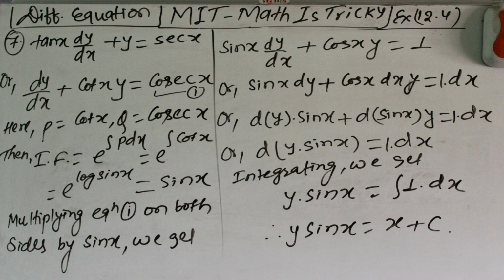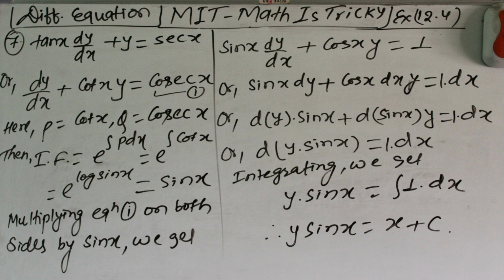Since sec x is 1 by cos x and tan x is sin x by cos x, dividing by tan x gives dy by dx plus cot x into y equals cosec x. Now comparing this with the linear form, we get p equals cot x and q equals cosec x.